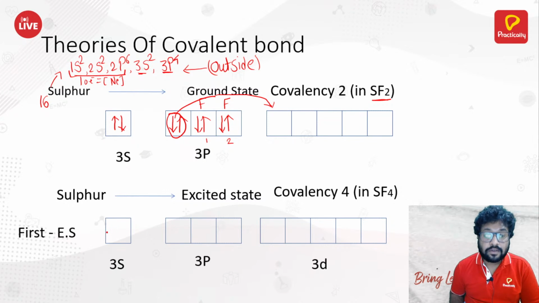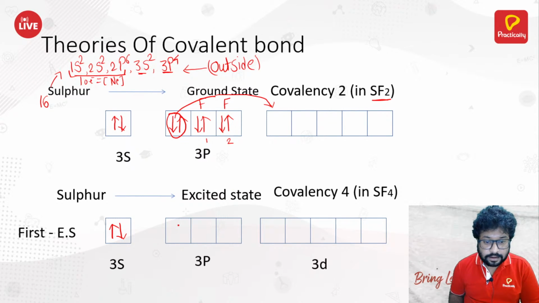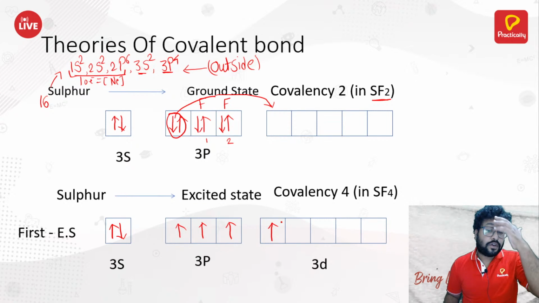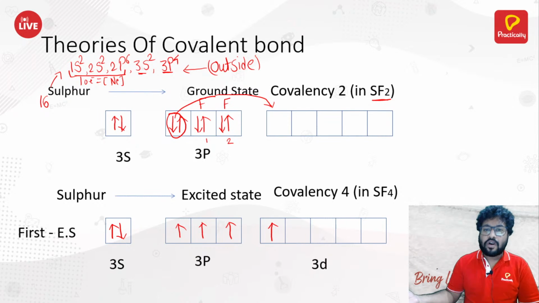So what happens now? Look here. I'm just telling the process there, but I'm doing it here. 1, 2, 3. Now you got 4 unpaired electrons. So now you have 4 unpaired electrons in the very first excited state. Now, since your sulfur in its first excited state has 4 unpaired electrons, it can show valency 4, right?